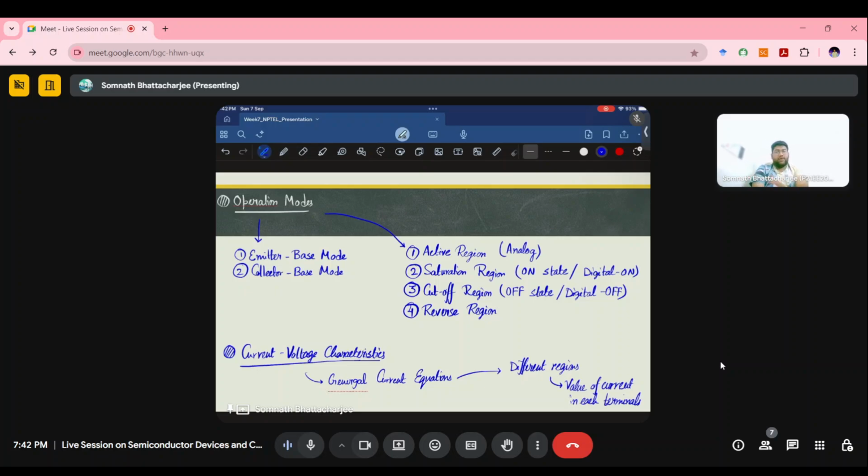So what is the value of current in the collector, that is IC, the base current, that is IB, and IE. So we can get each of the values through here. These are basic derivations, so I'm not going to derive those things. You can check the videos for that.